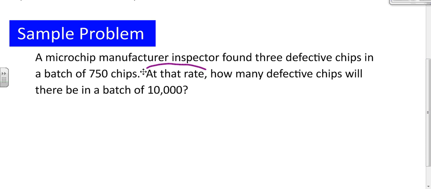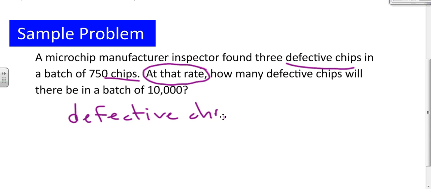"At that rate" is a key phrase, often telling you that you're going to use a proportion to solve. When I know I'm using a proportion, I know I'm comparing different units. So for instance, I'm comparing defective chips to total chips.